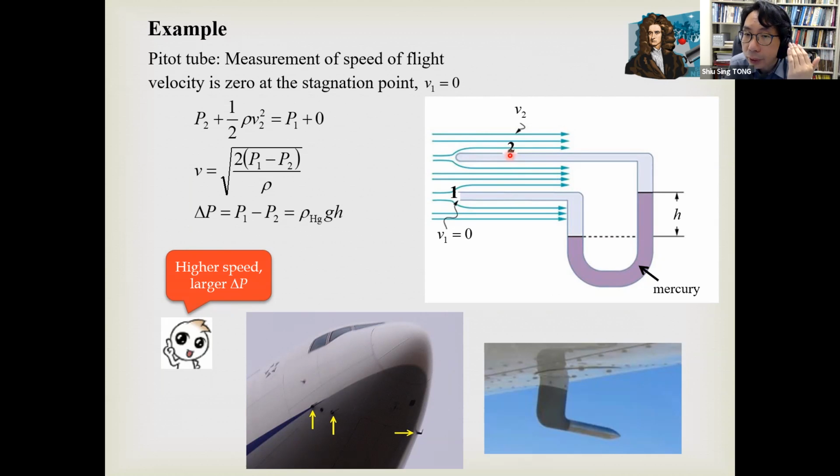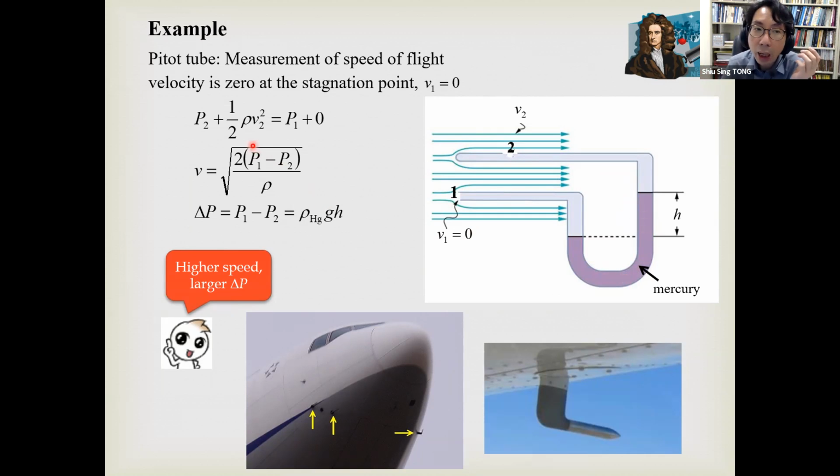So the pressure that this tube is measuring is the pressure when the air is moving with velocity v2. Do you understand? This forms a difference in pressure, and the difference in pressure results in the difference in the mercury column in the U-tube.